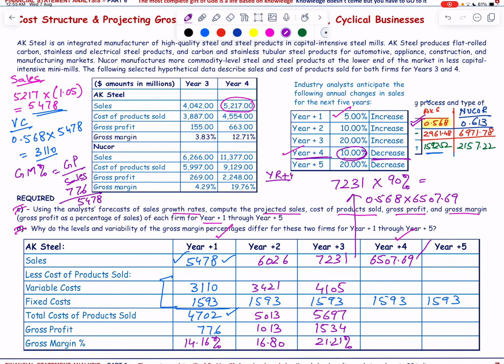So this will be equal to, let me check, 0.568 times 6507.69. So this is 3694, and we have here the same 1593. Fixed costs do not change, and the total cost will be how much?